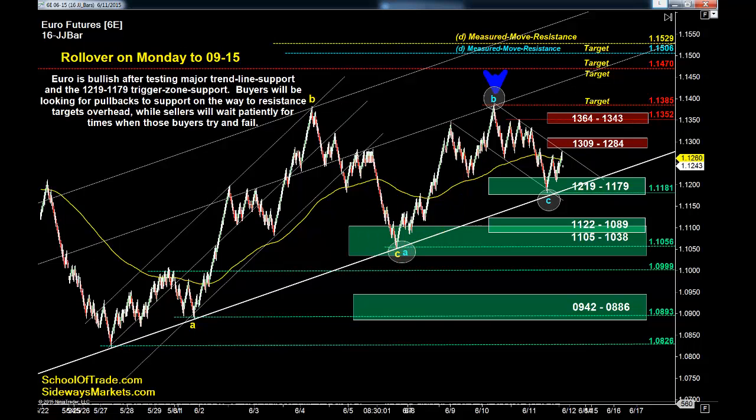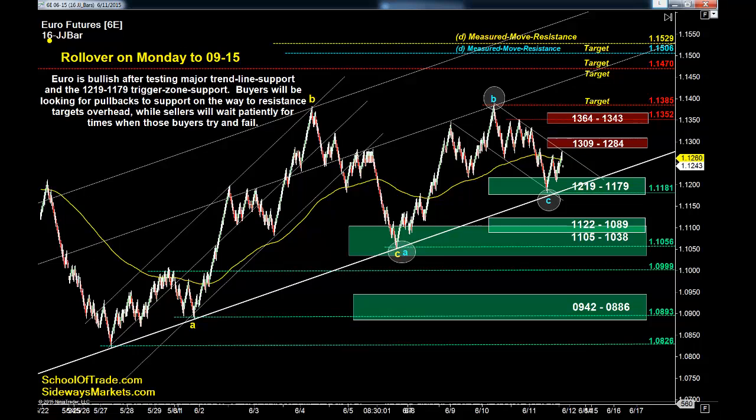Now that we have the proof from the buyers hitting these highs, we've got that trend line. It pulled back all the way to the trend line and gave you this buy zone on Tuesday night. We've now pulled back into our buy zone, and we are pushing higher. So taking a look at this chart here, what a well-behaved Euro we have.